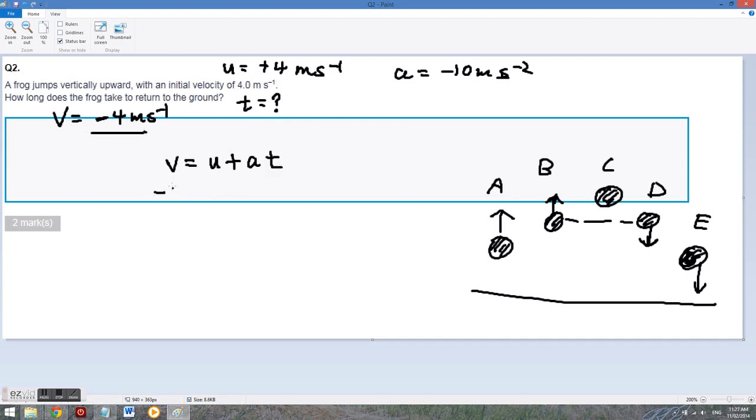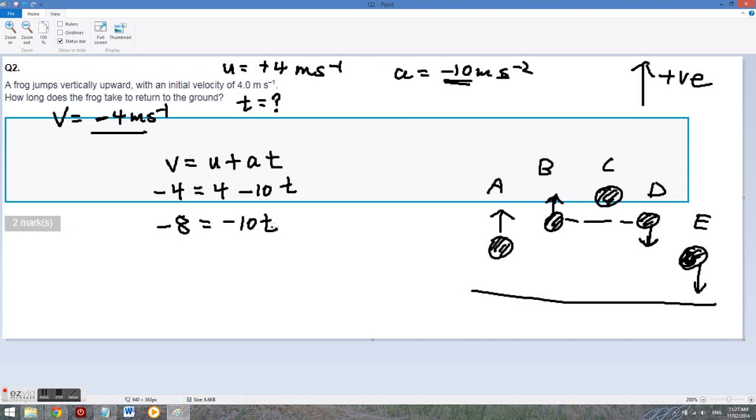Final velocity will be minus 4, u will be 4, acceleration again minus 10. Don't ever forget the minus sign because going up is positive. Now, t. Solve the equation.